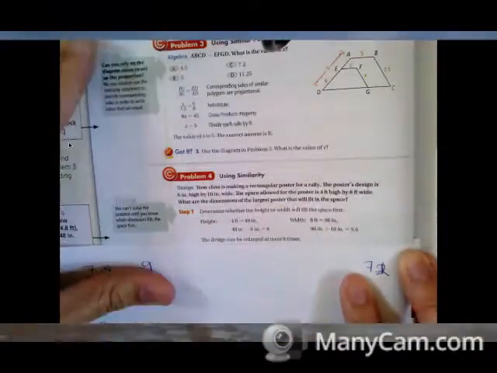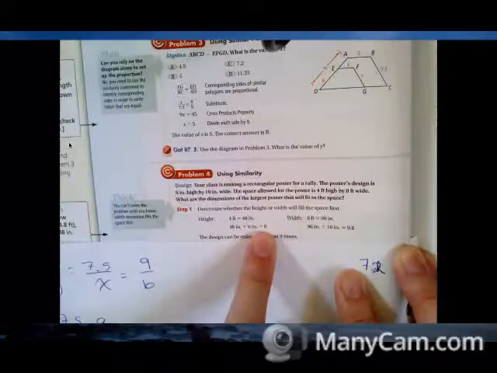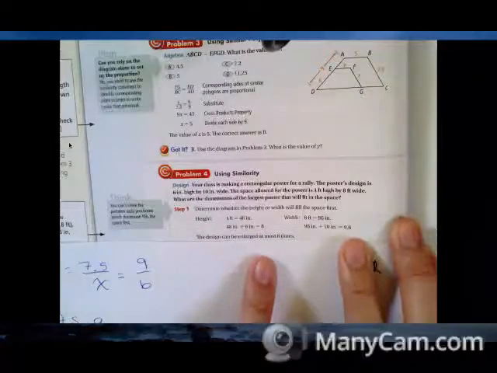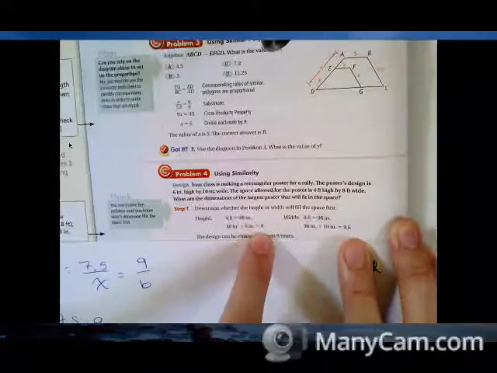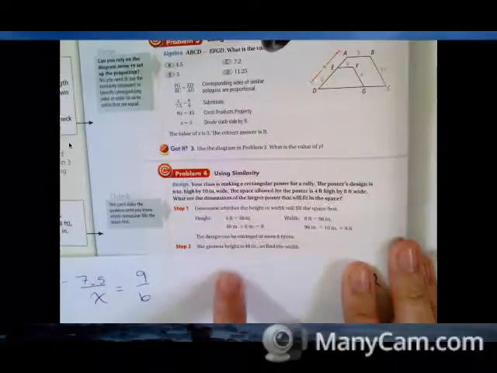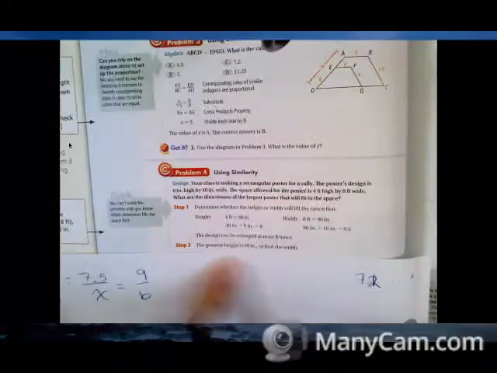Now, that means that the design can be enlarged at most 8 times, because 8 is a smaller number. So yeah, the width could be enlarged 9.6 times, but the height can only be enlarged at most 8. So therefore, since the greatest height is 48 inches, we must find the width.